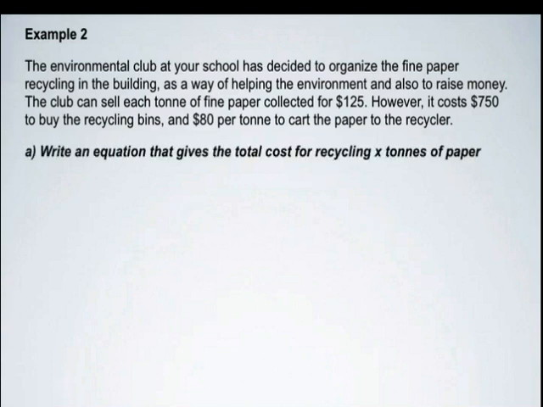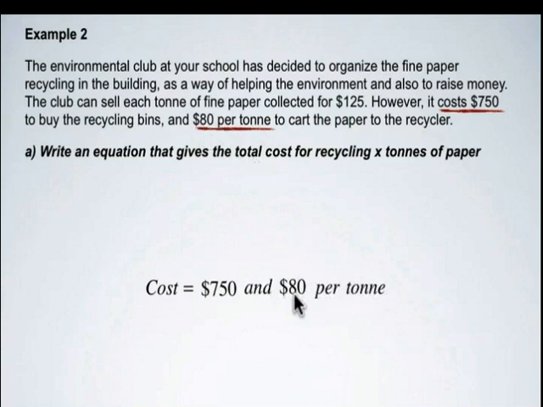We want to write an equation that gives the total cost for recycling X tons of paper. So we're going to try and figure out here. Now the cost is going to be $750, and if we recycle X tons, it's going to be $80 per ton.